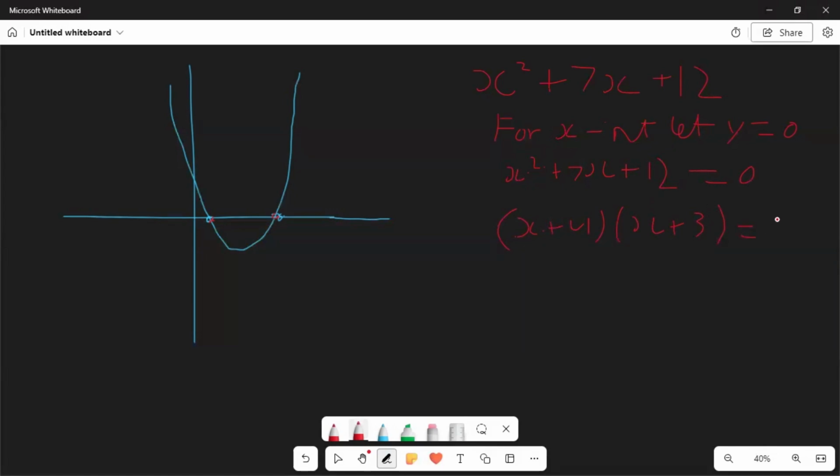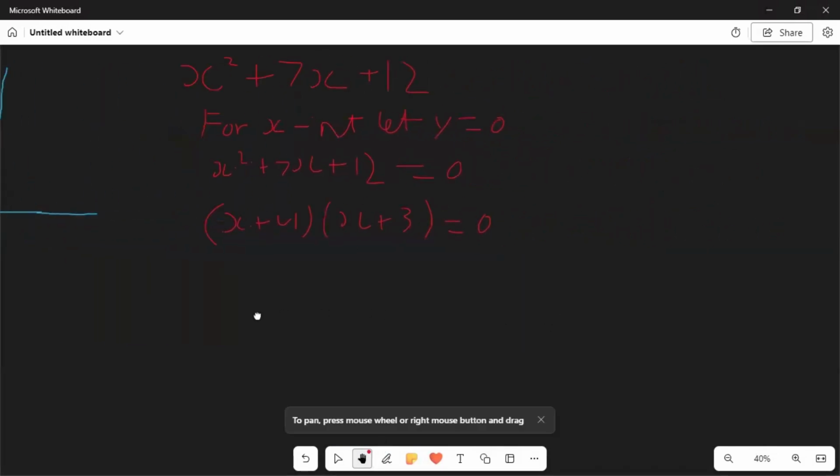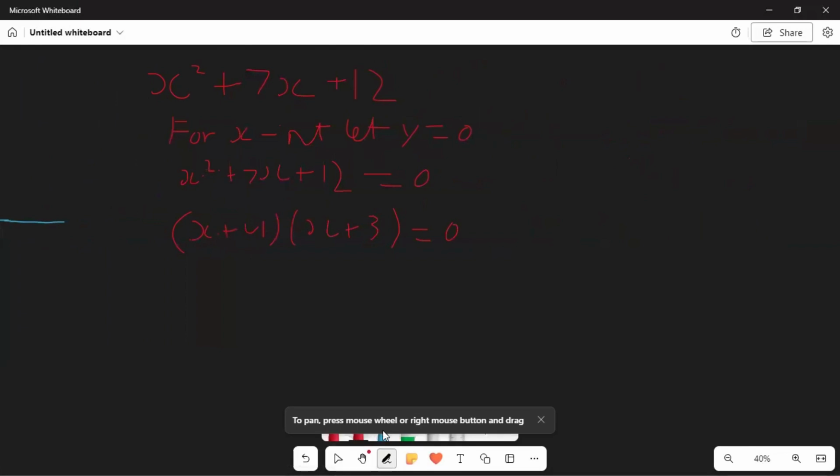To factorize quadratics, we find two numbers that multiply to give 12 and add to give the b term. I won't go into too much detail, and I'll perhaps do that in another video if you're unsure on this step.